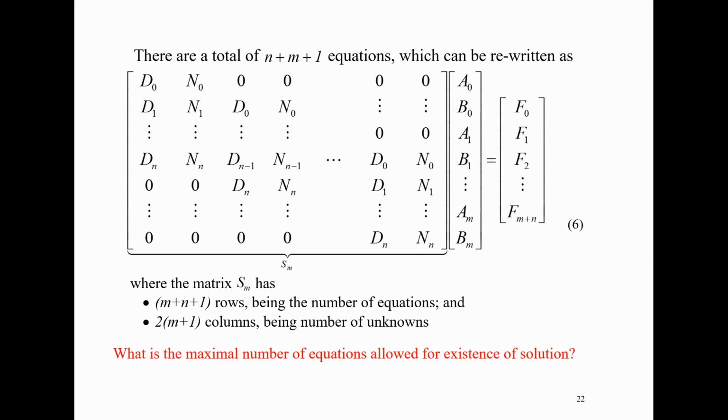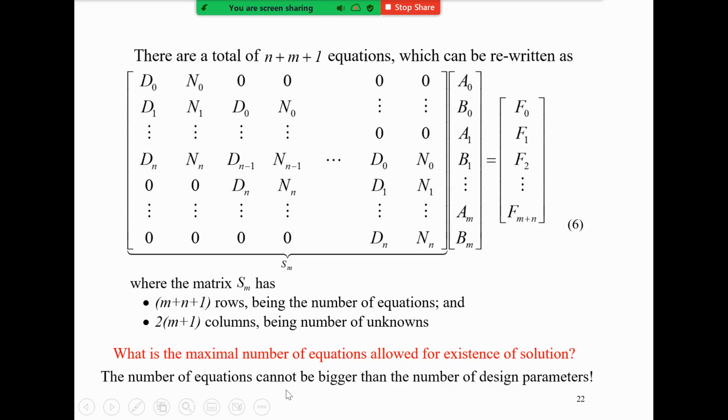The number of equations has to be equal or lower than the number of unknowns, right? So the number of equations cannot be bigger than the number of design parameters. That is kind of common sense, normally.